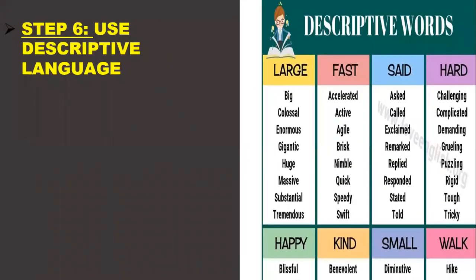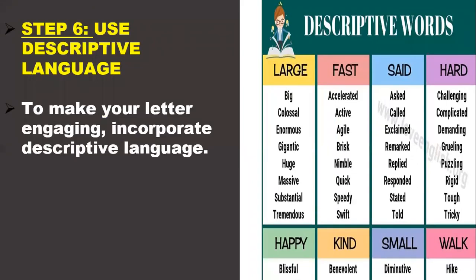Step number 6, use descriptive language. Okay, this is really important. Use descriptive language. To make your letter engaging, you need to incorporate descriptive language because you need words to describe the ideas you are discussing, or the objects or the persons or whatever.